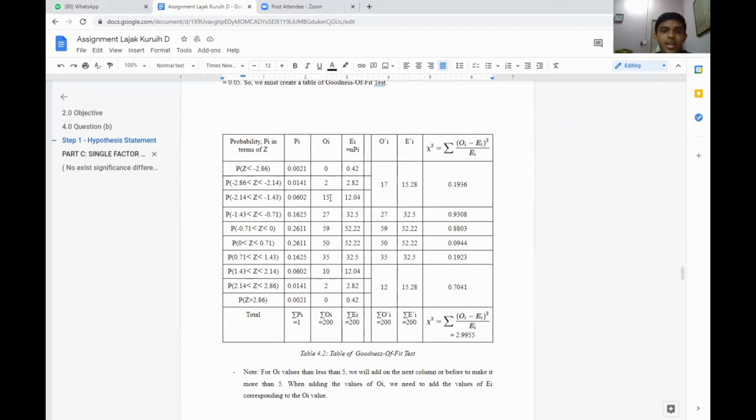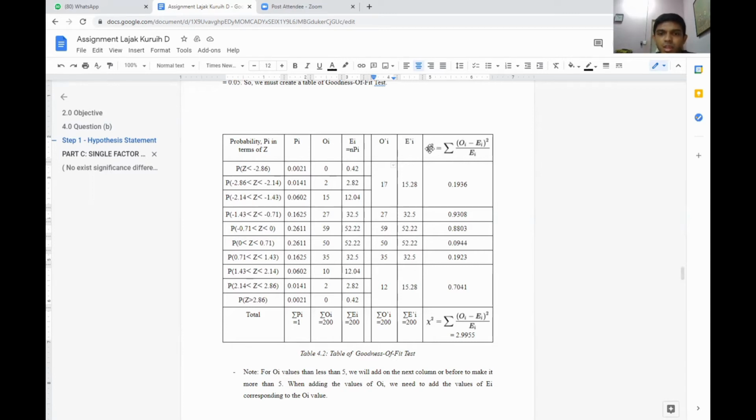So it will be 0 plus 2 plus 15. So we will get 17 here. And then when adding the OI part, we must also add the EI part, which is 0.42 plus 2.82 and then 12.04. So we will get 15.28. Okay, so for example, this part 27, we just write as usual.